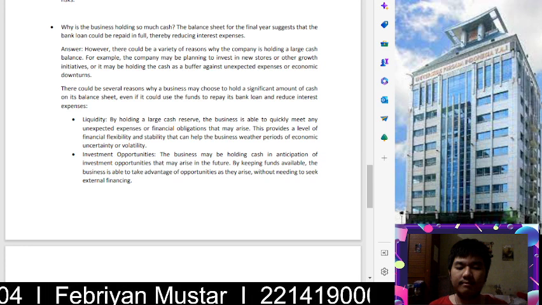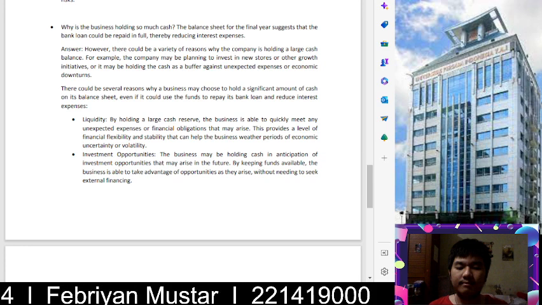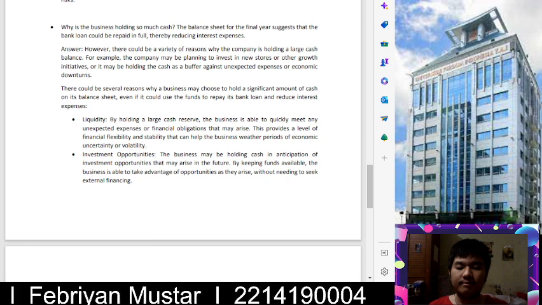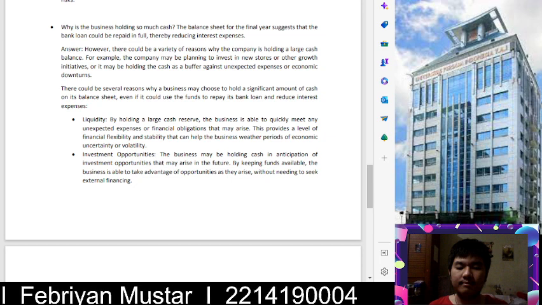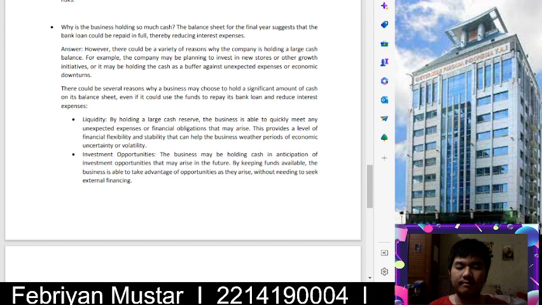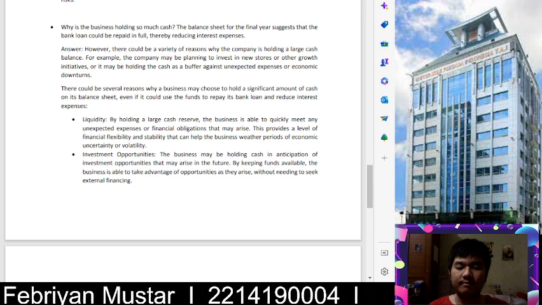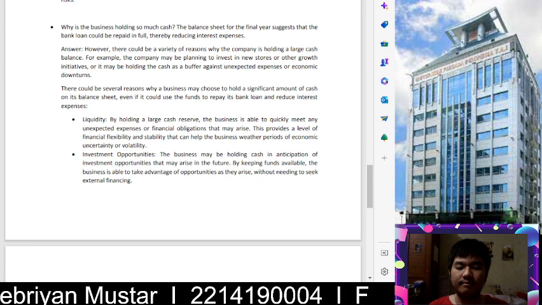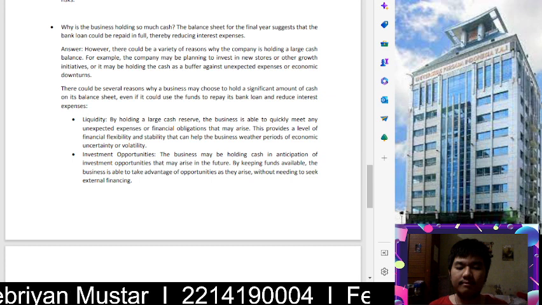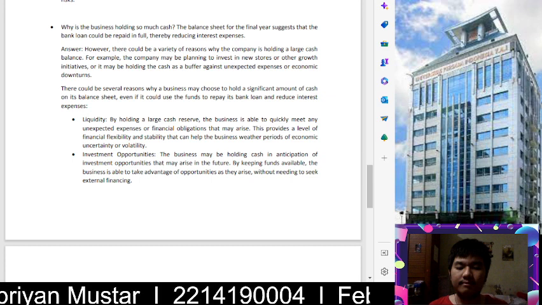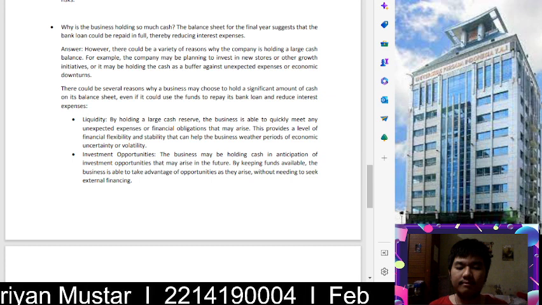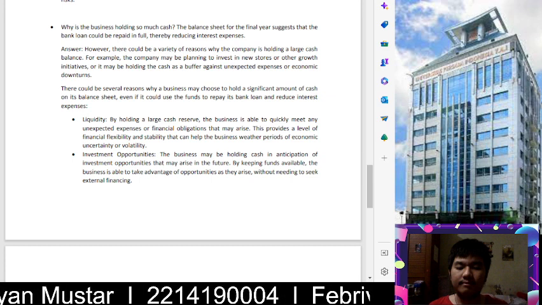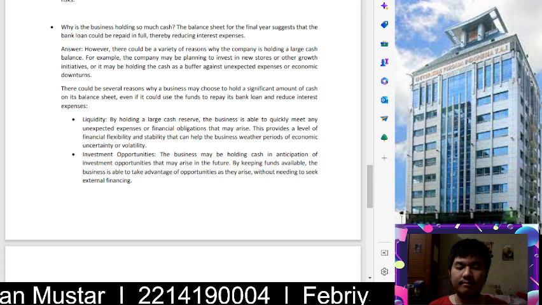By holding a large cash reserve, the business is able to quickly meet unexpected expenses or financial obligations that may arise. This provides a level of financial flexibility and sustainability that can help the business weather periods of economic uncertainty or volatility.